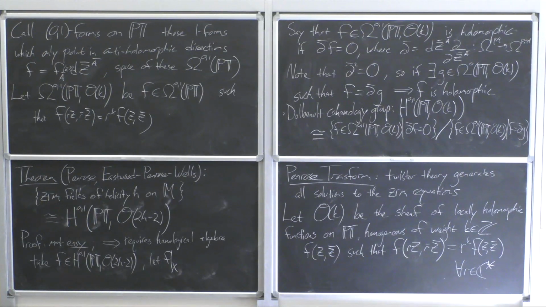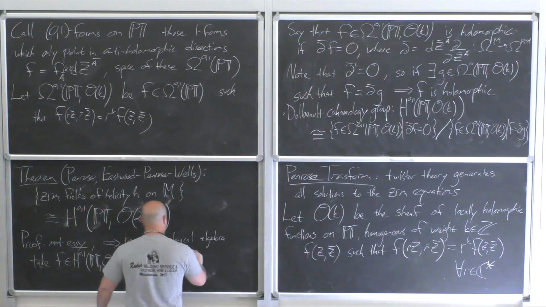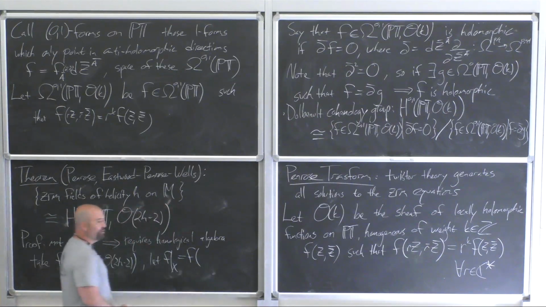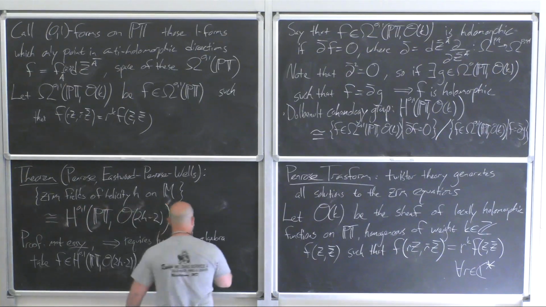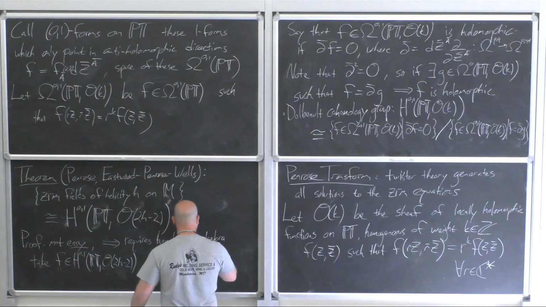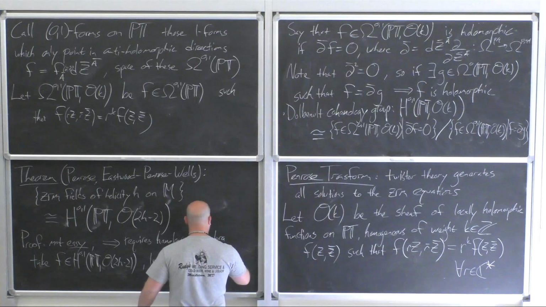Remember, we established a point in complexified Minkowski space corresponds to one of these Twistor lines, so I can restrict my 0, 1 form to that line, and all that means is that I just evaluate it on the incidence relations, right? So this is just, I evaluate it on mu alpha dot is equal to i X alpha alpha dot lambda alpha.